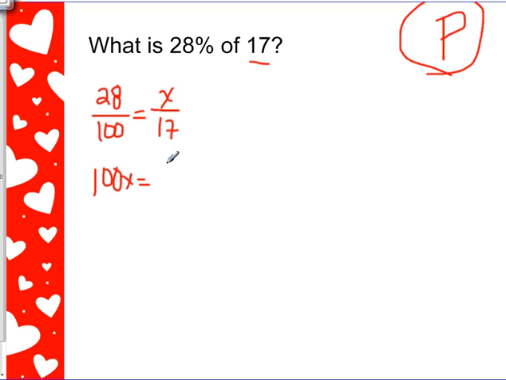And 28 times 17 equals 476. Divide both sides by 100. And x is going to equal 4.76.